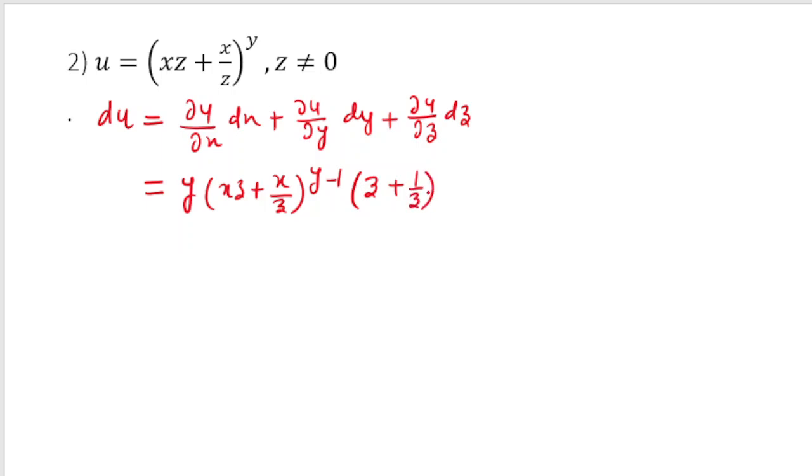And this is dx. Now with respect to y, we have to use this formula which I discussed in one of the problems earlier, that d by dx of a to the power x is equal to a to the power x log a.